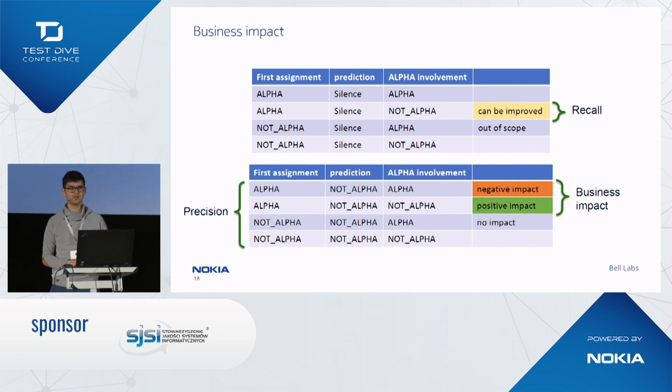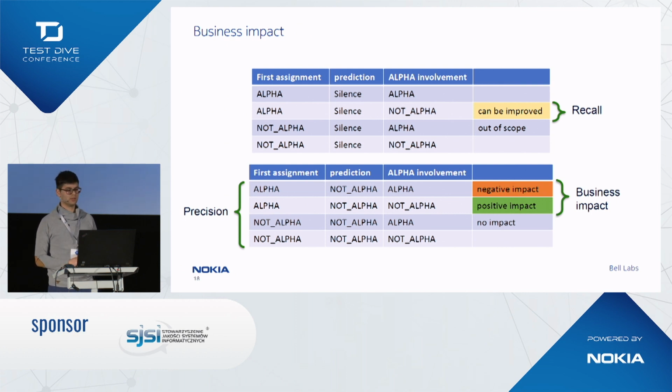The first assignment was alpha, but the model thought it's not alpha, and we have two cases here. The tester was right, and those cases are very negative, because we are actually adding more work to the system. We introduce even more noise. But in the second row, when the model was correct, it is a very positive case, because our goal is satisfied. We reduce the incorrectly assigned alpha organization tickets.